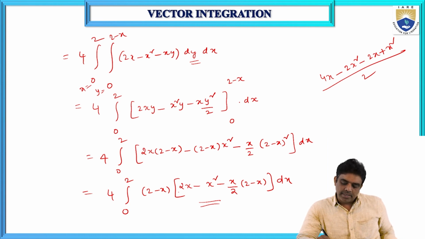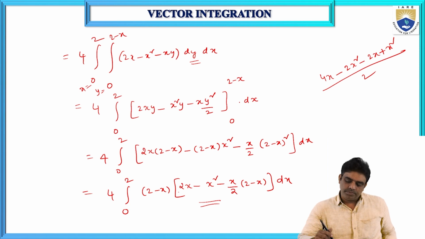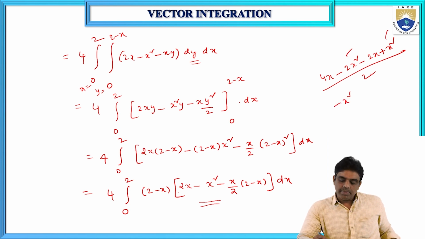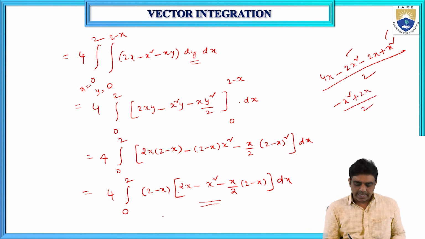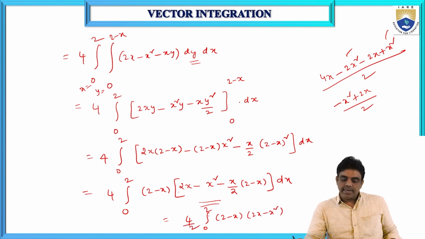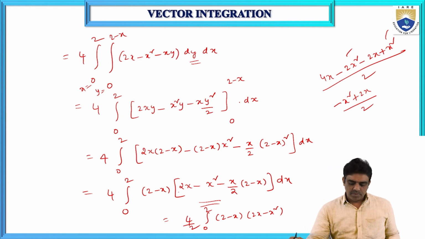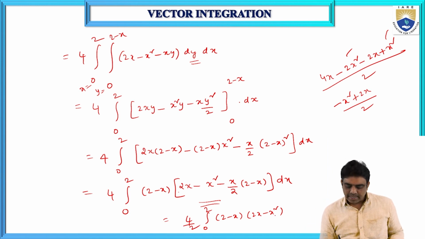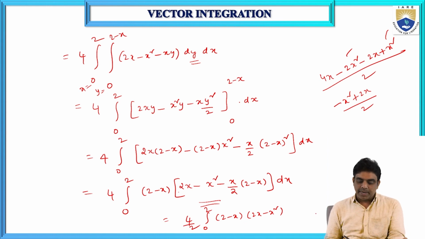Minus x square minus 2x square plus x square, 4x minus 2x by 2. So I can write it as 4 into integral 0 to 2 minus x, and this is also 2x minus x square by 2. We can write 2 outside. On taking out 2 again here, or you can multiply and do that.